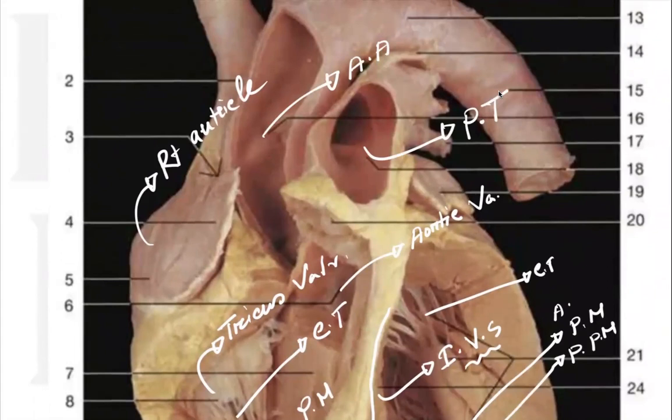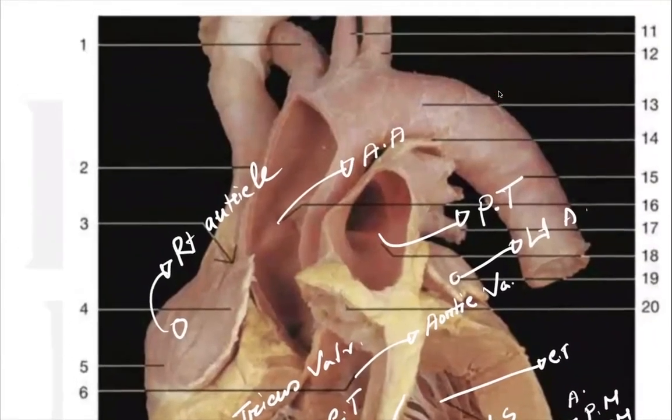Also, this area was the right auricle, and this is the left auricle. And what you have to know more, after the ascending aorta, it should be the arch of the aorta.